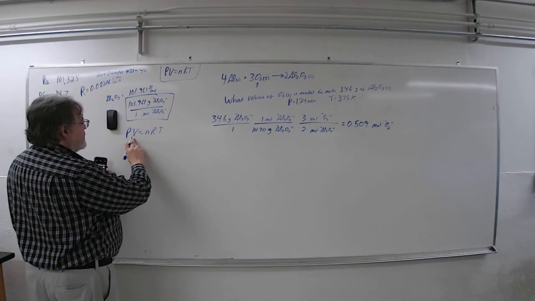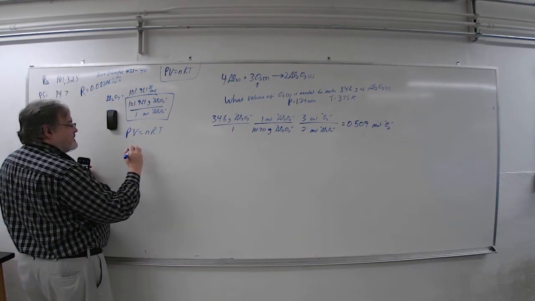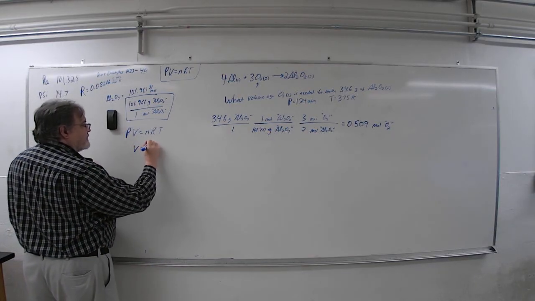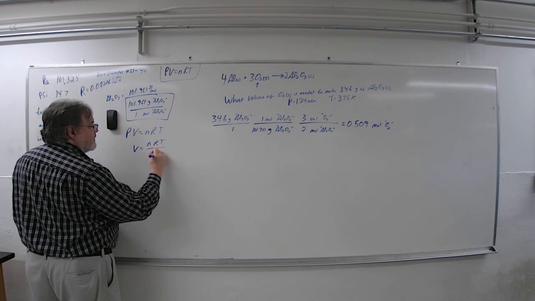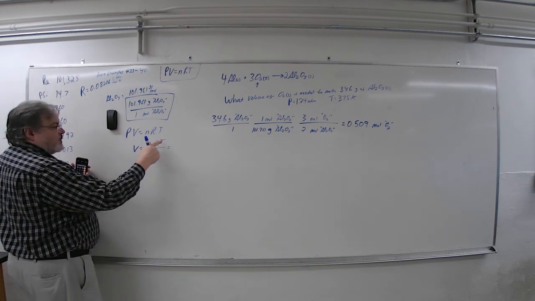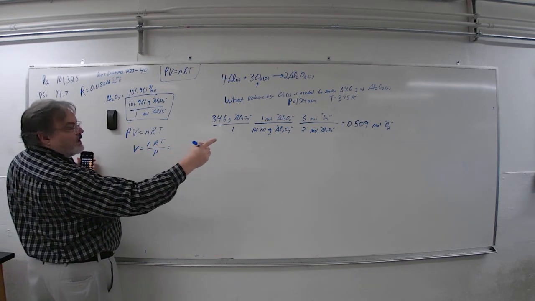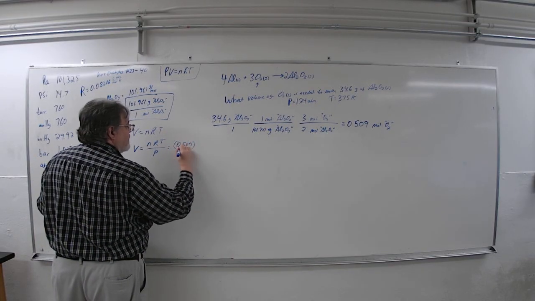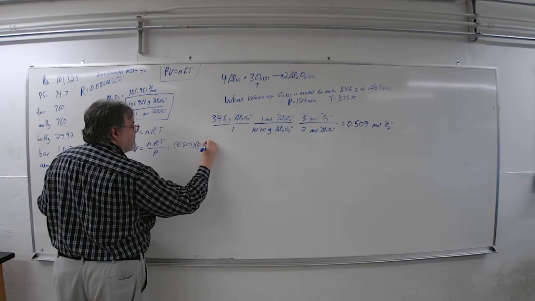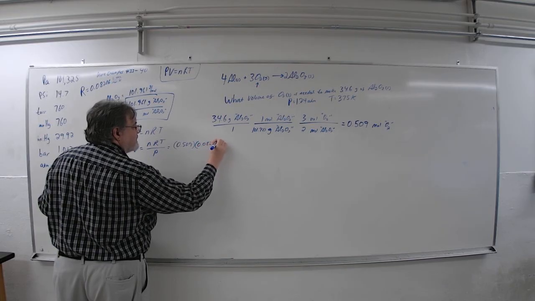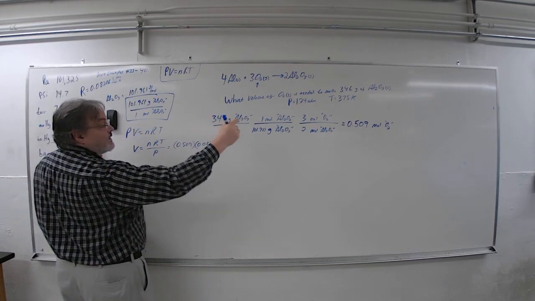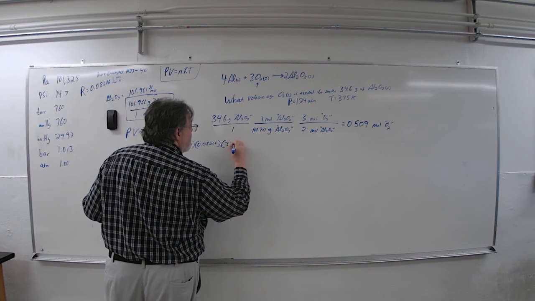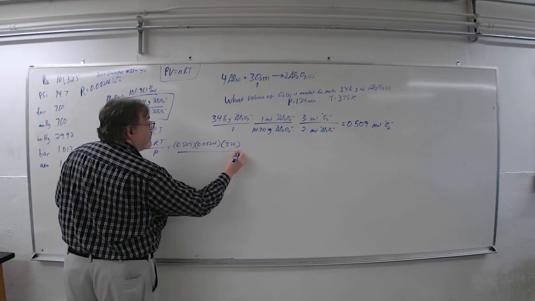And now I'm going to plug that in here. But what are we solving for? Volume. So divide both sides by P, you get V equals nRT over P. Now I can just plug all these in because I have them all. n is 0.509. R is 0.08206.